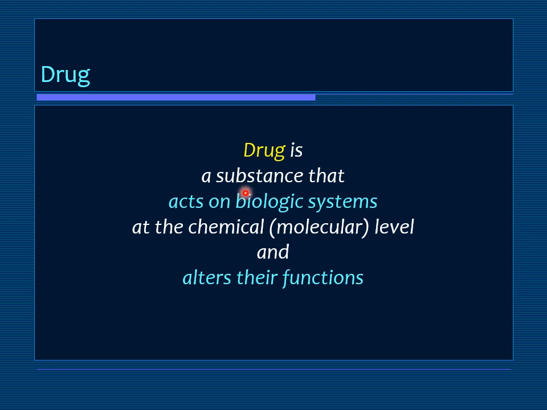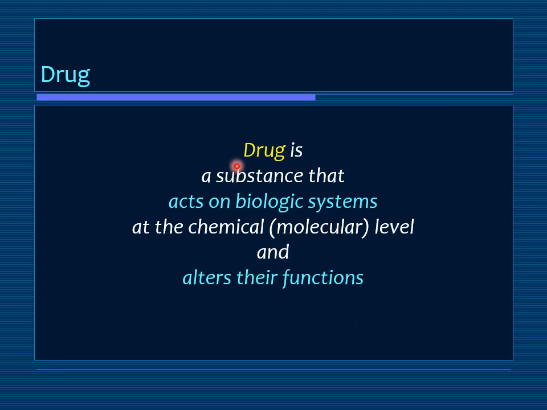Now, first of all, what is a drug? Remember, it is a chemical substance that acts on the biological systems through its chemical or molecular level and then produces changes or alteration in the function of that biological system.